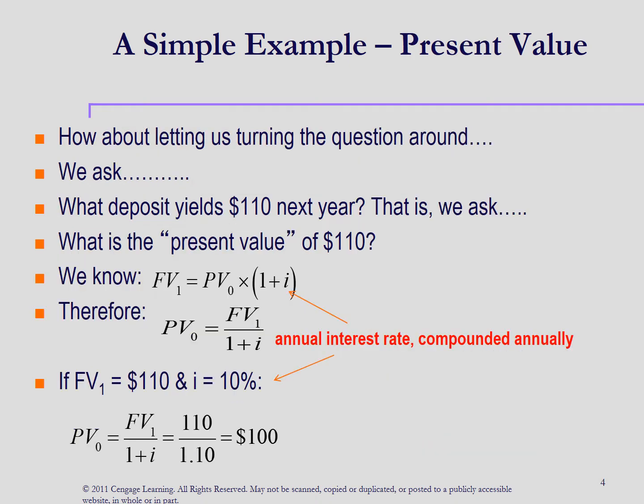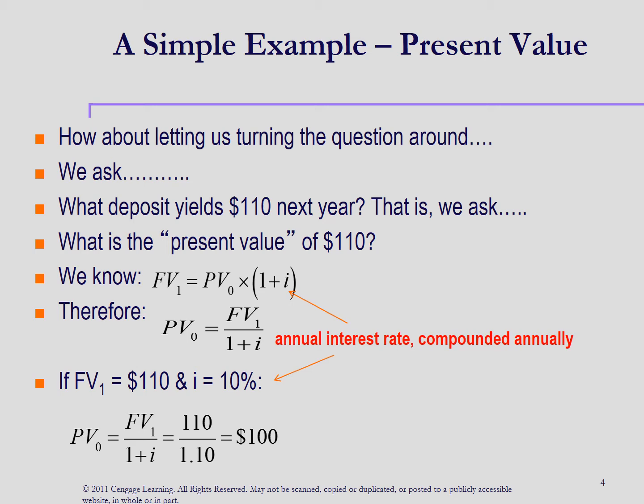How about turning the question around? We ask, what deposit yields $110 next year? That is, what is the present value of $110?